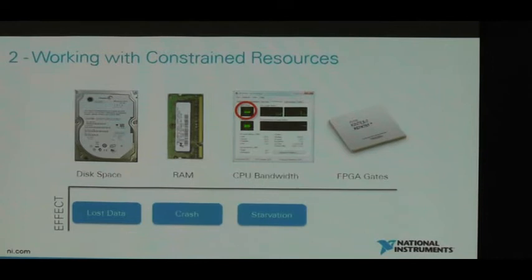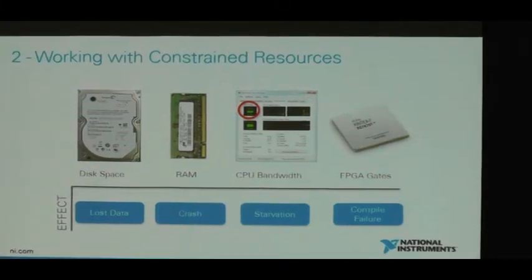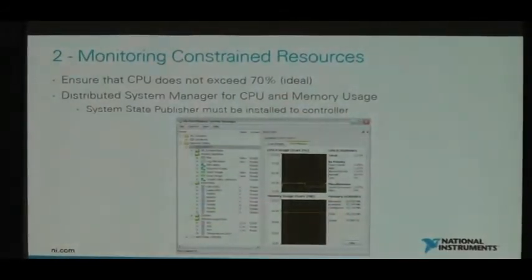So there are workarounds for that. I only have so much RAM, not like the 16 that I'm used to on my PC, so I might run out of memory, or you might starve your processor. So these are all considerations. We'll talk about what compilation failures mean in an FPGA later, but again, embedded targets have constrained resources. That's point 2. So what do you do about that?